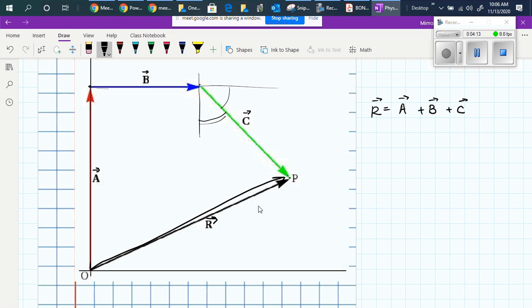And then using the scale, you will draw vector C. So you will use the same scale for all three vectors to find the resultant.